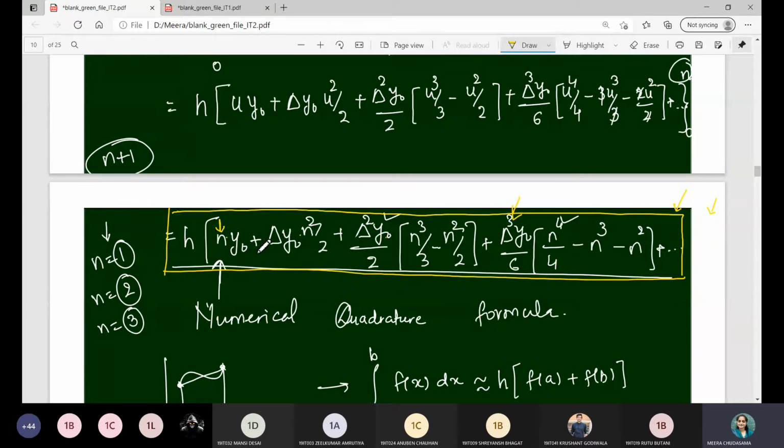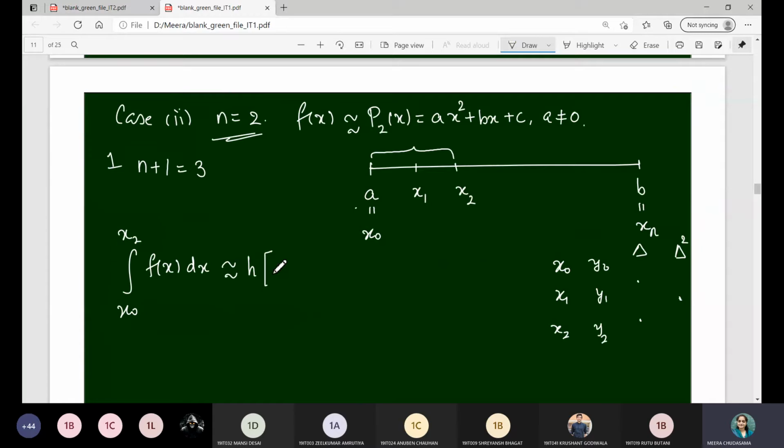So this is 2y0, 2 square by 2, that is 2 delta y0 plus delta 2 y0 by 2, 2 cube, that is 8 by 3 minus 2, and all other remaining terms will be 0. So in this case h, 2y0 plus delta y0 into n square by 2, so 2 square by 2, that is 2, plus n cube by 3 minus n square by 2 delta 2y0, other terms will be 0.